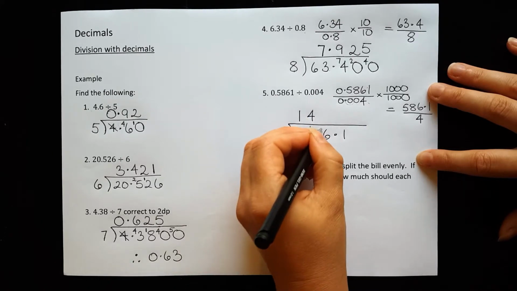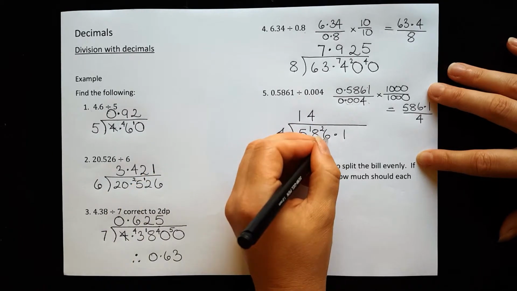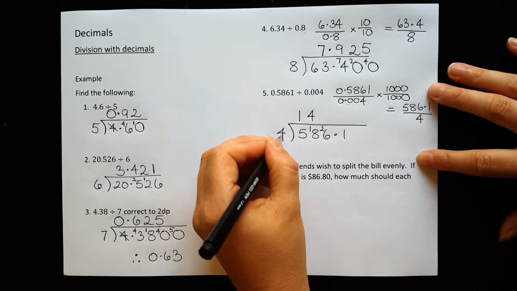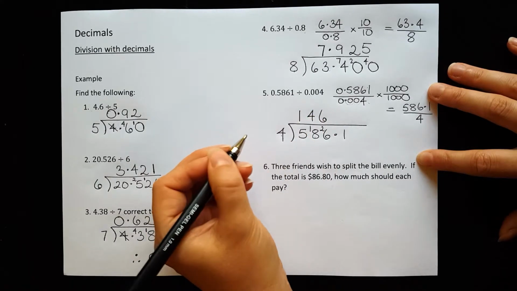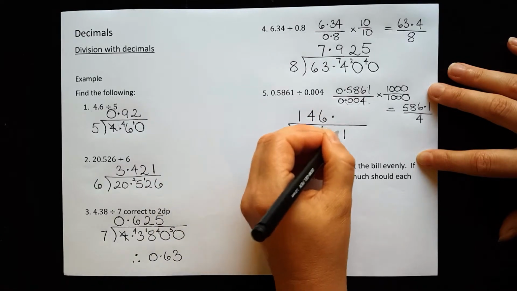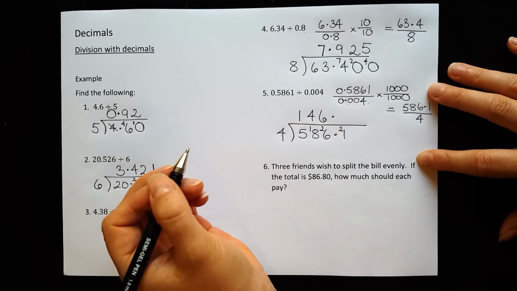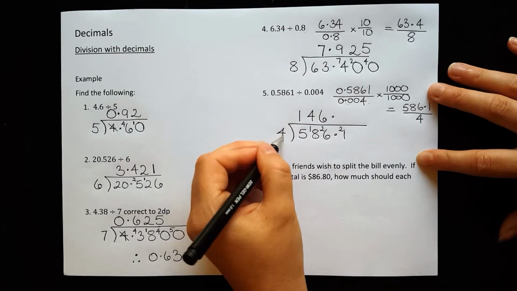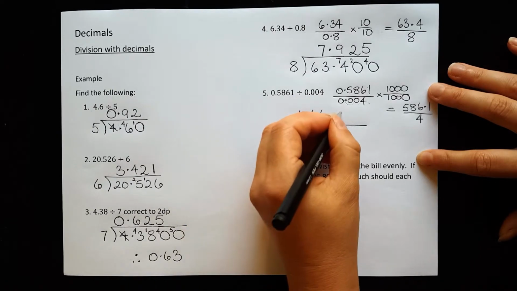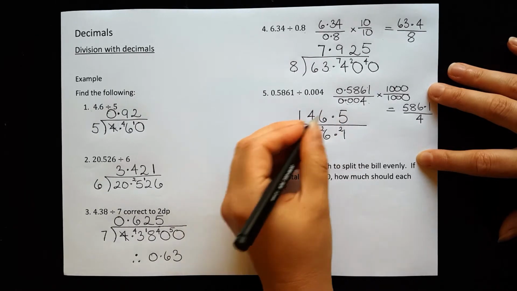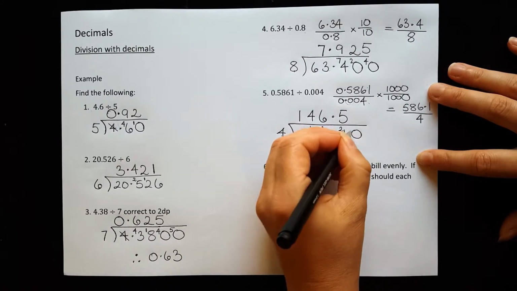So I'm going to have a remainder of 2. 26 divided by 4. Let's see, 4 times 6 is 24. So that's going to give a remainder of 2. 21 divided by 4 is going to go 5 times, because 5 times 4 is 20, with a remainder of 1.